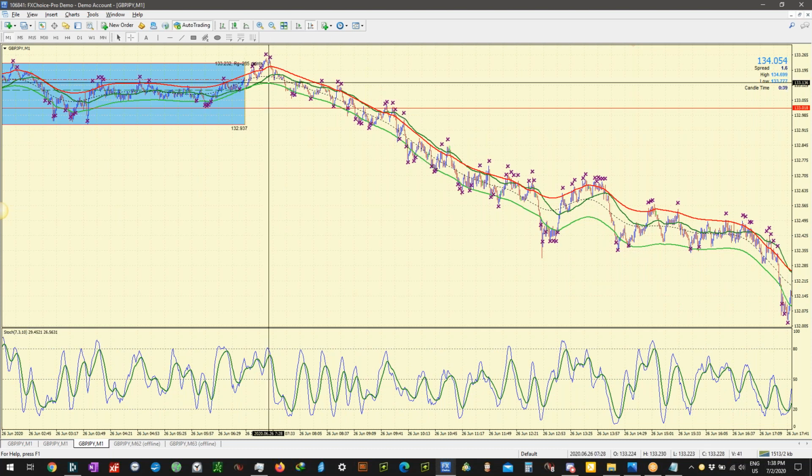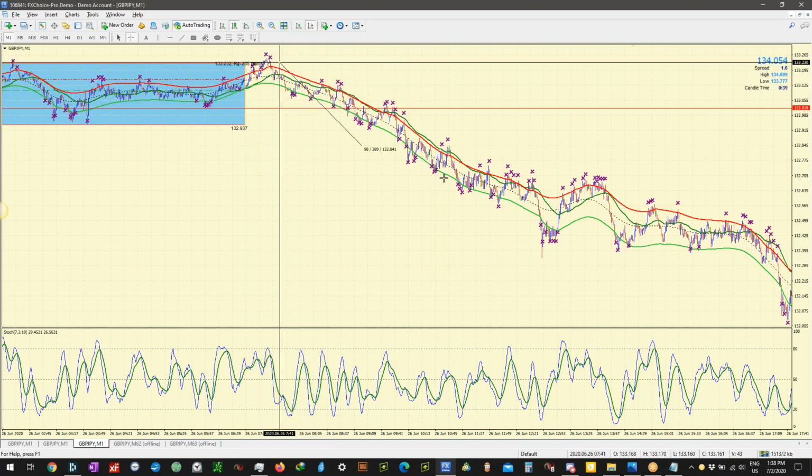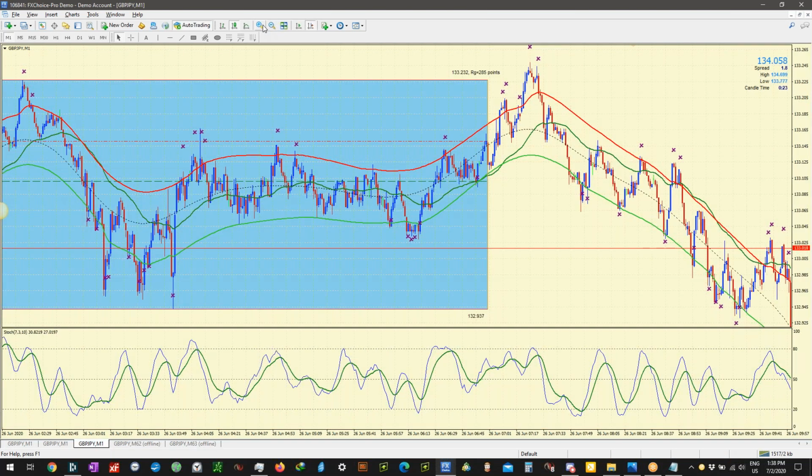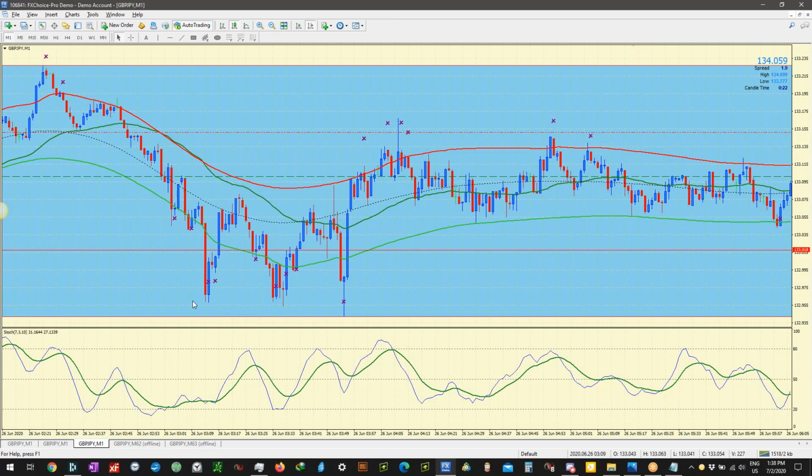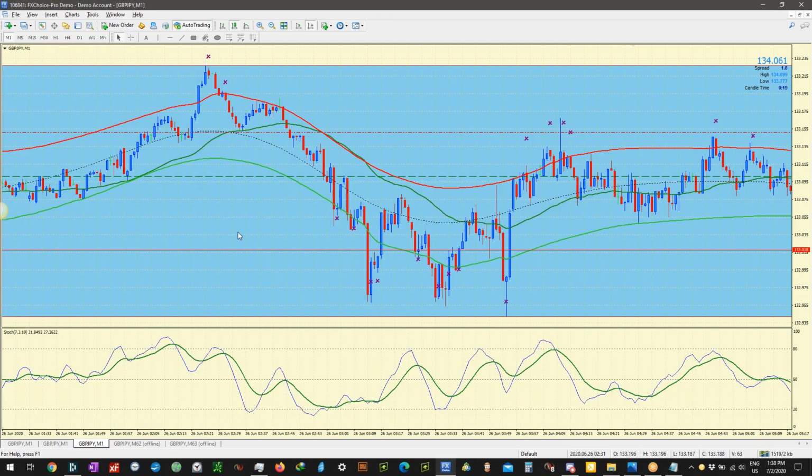This is London, so the range goes from 28 pips to 80, 83 pips. You already know where to go and get the volatility. So if you apply the rules, you're always going to get a nice trade.